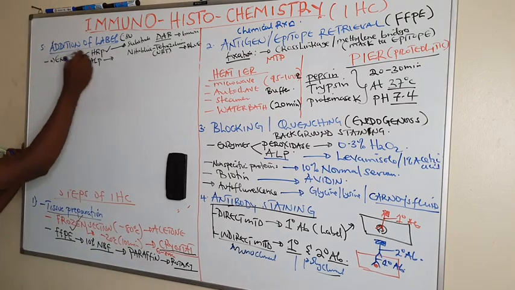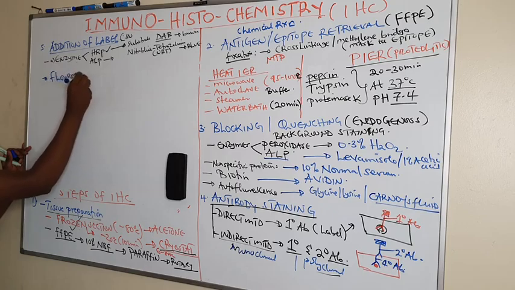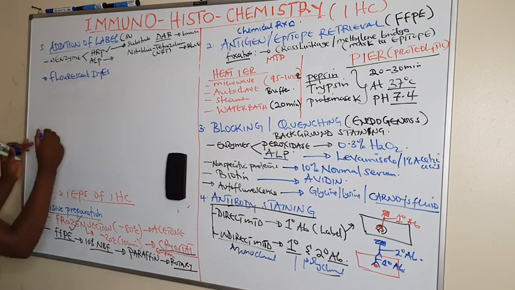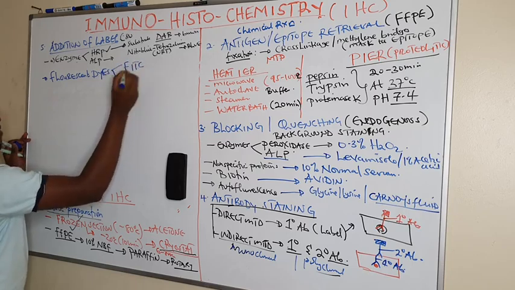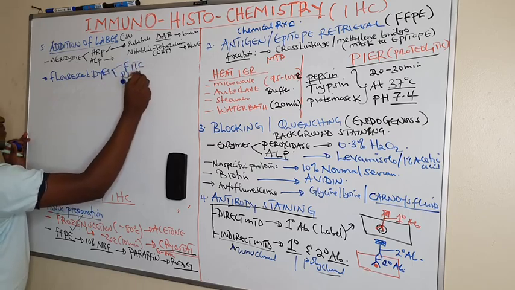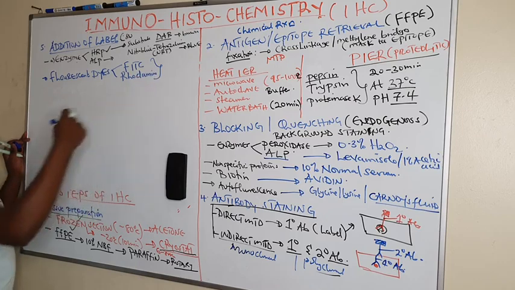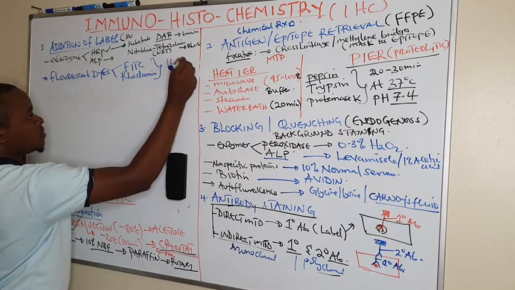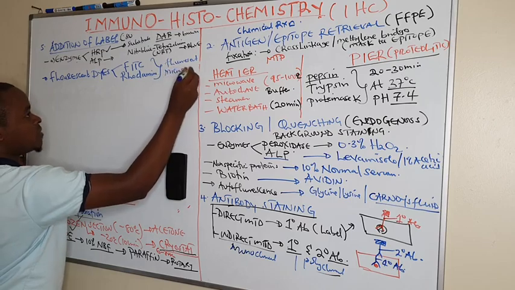So as we continue with addition of labels, in case we use fluorescent dyes, we majorly use FITC or rhodamine. After applying them, we see the fluorescing substances using fluorescent microscopy. Here we use fluorescent microscopy for visualizing.